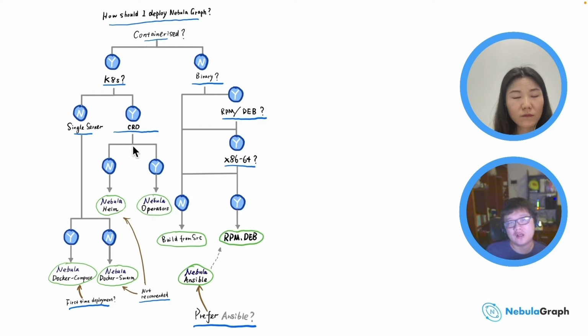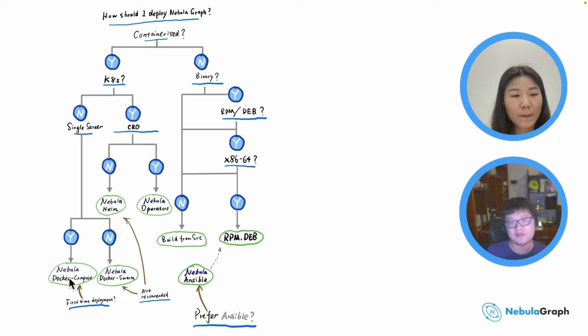If you prefer the Helm chart, then you can go for the Helm chart, but it's actually not recommended because the Helm chart is not good enough for maintaining stateful workloads on Kubernetes. If you would like to run in containers, but not on Kubernetes, you can still use Docker. If you're only running on a single server, you can use Docker Compose.